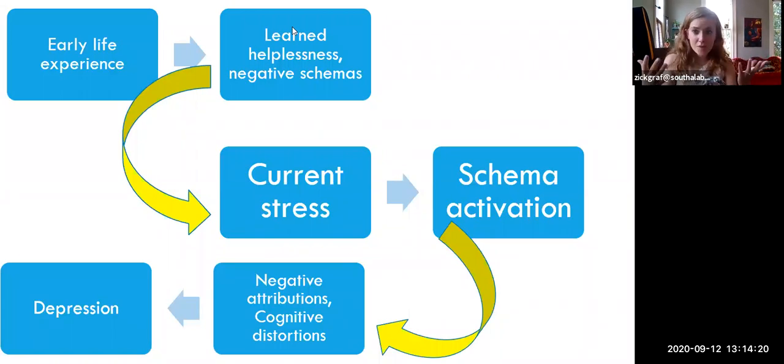And when that schema is activated, because schemas are the way that we organize our ideas and knowledge, the way that we retrieve our memories, and the way that we explain what's happening to us, the way that we integrate new knowledge and new information into our minds, when those schemas are activated, we tend to make negative attributions and experience cognitive distortions or thinking errors, like personalization. It's all my fault. Labeling, I'm a failure.